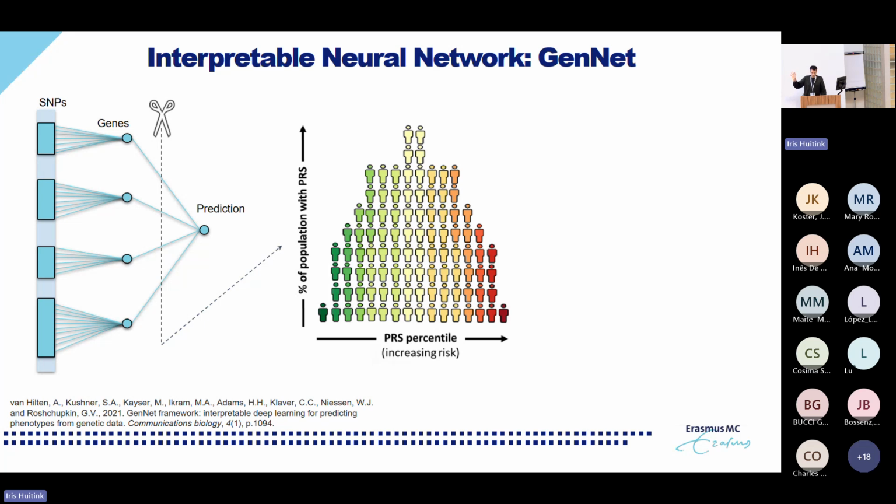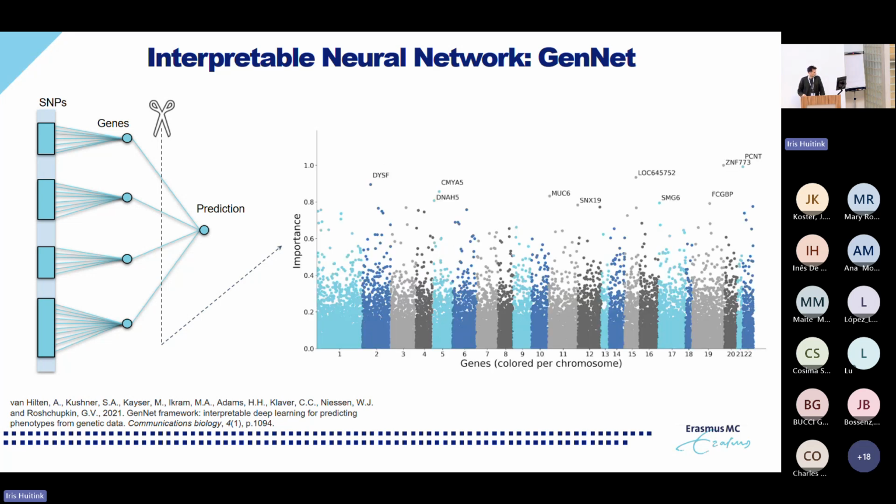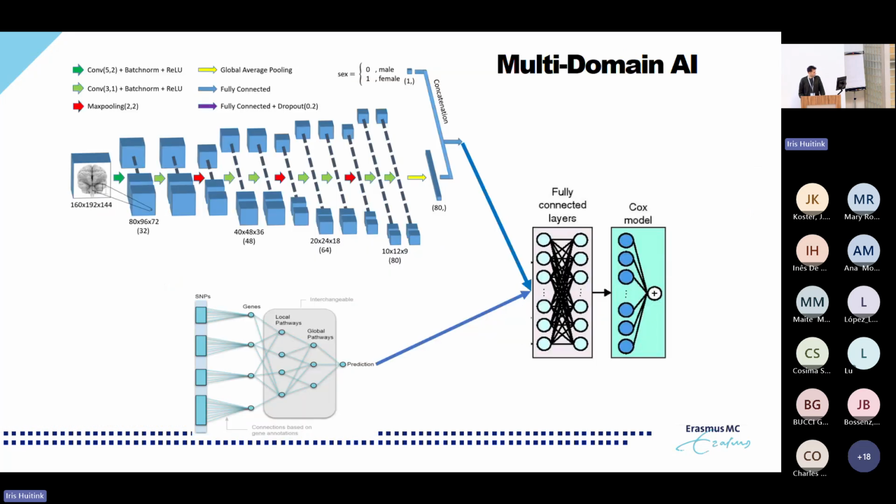So this is an example of his work on a deep learning approach for genetic data, which is interpretable by design. So for predicting a personalized risk score, and also showing which SNPs and genes have contributed to that risk prediction.